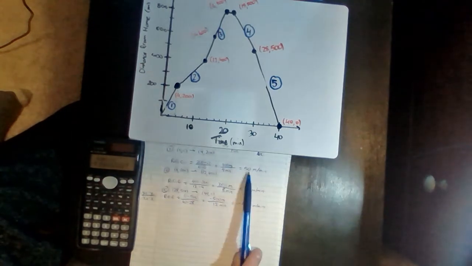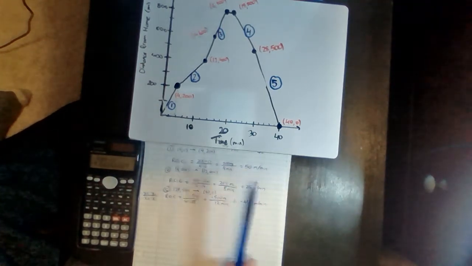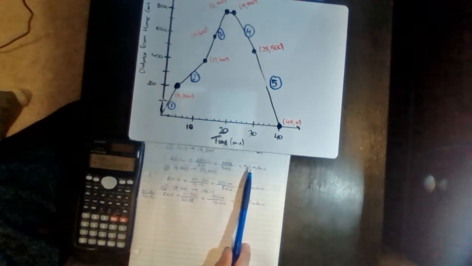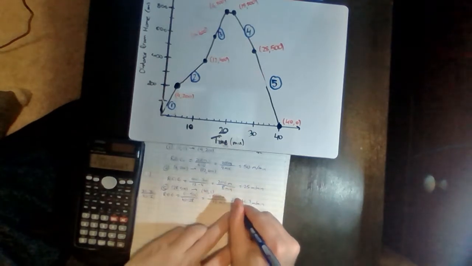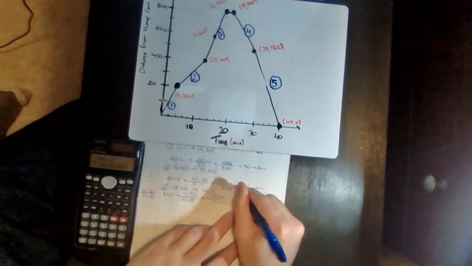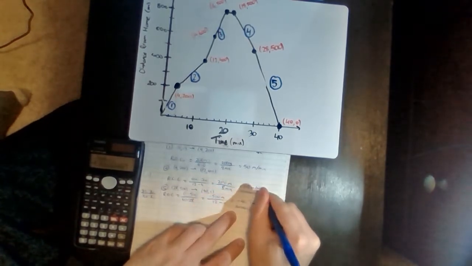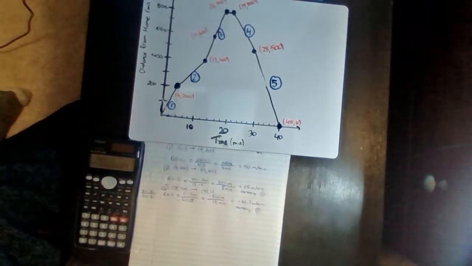So this positive rate of change, a positive slope, is Billy getting further away from home. This negative rate of change, this negative slope, we're getting closer to home. So a negative rate of change is telling us that our function is decreasing. A positive rate of change is telling us that our function is increasing.